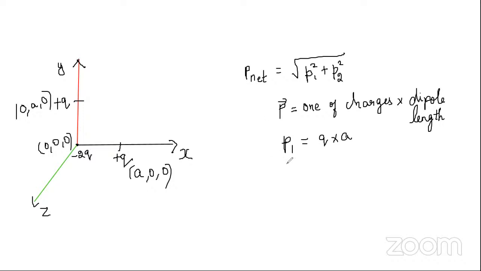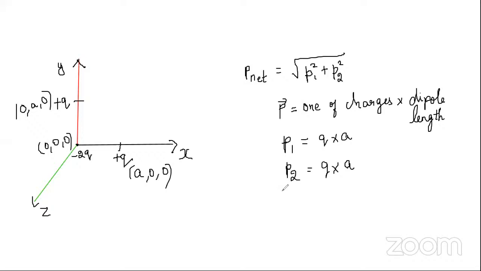For P2 also, the dipole distance is from here to here. You are having the distance A because the y coordinate is A here. So from origin to this charge, you are having the distance A. So here also the same distance.